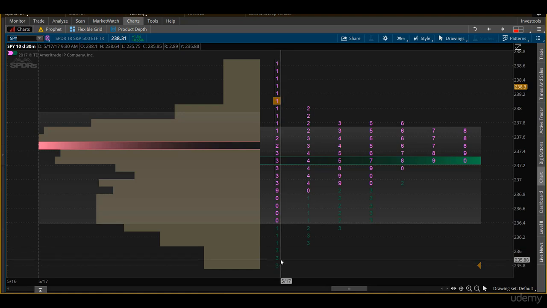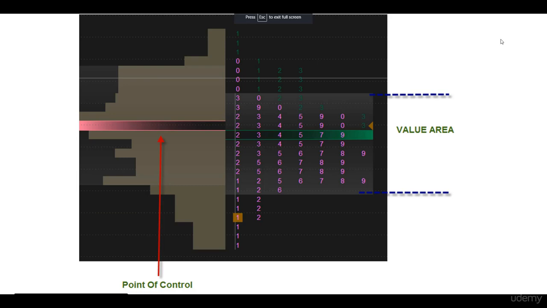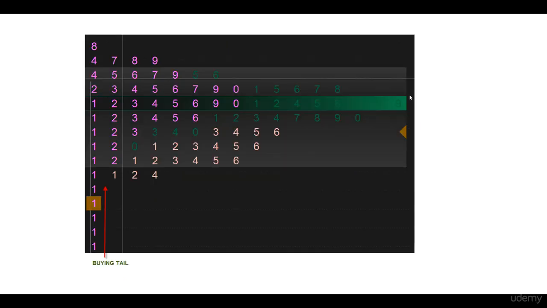I'm going to buy more." So the price goes up, and here it went down to a point where you have an equilibrium, and that is the value area. I hope you are very clear with this value area and point of control. It's pretty simple and yet very, very powerful.